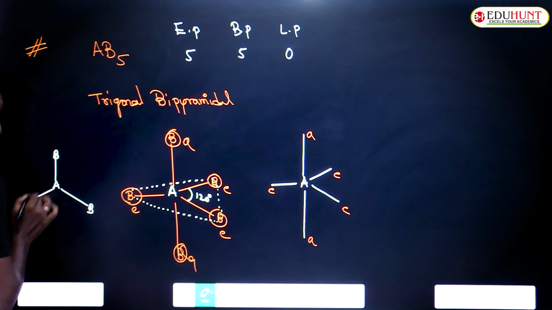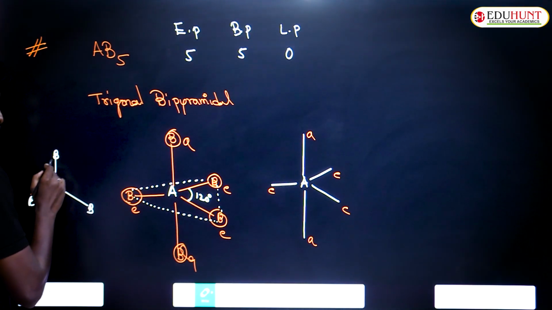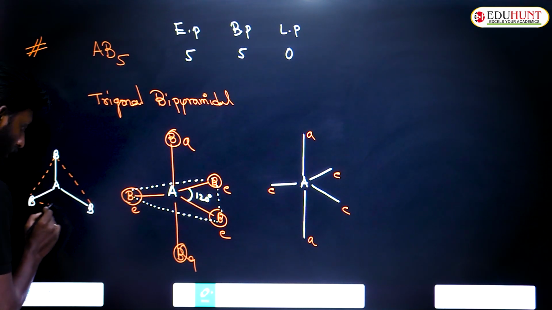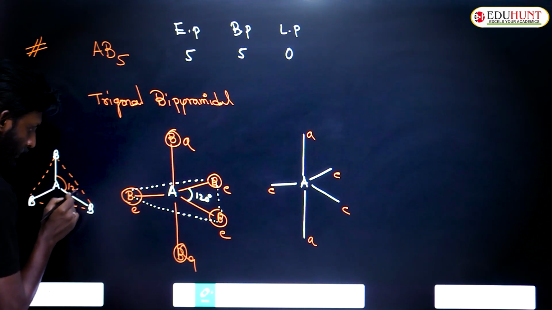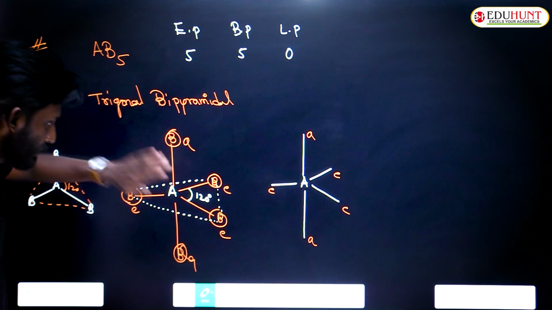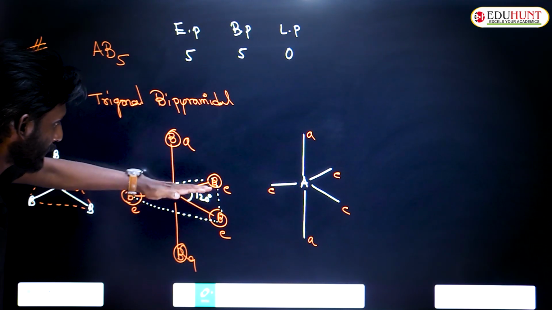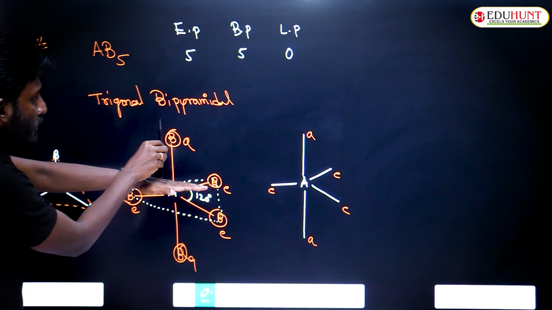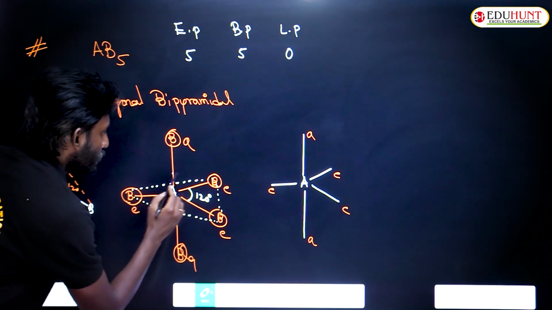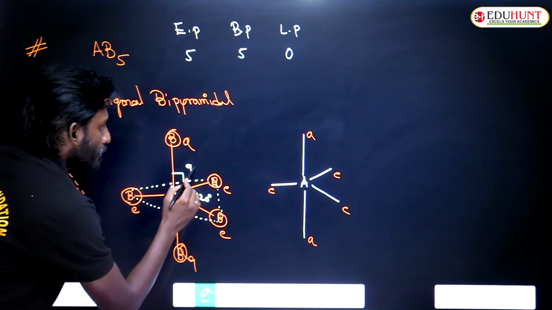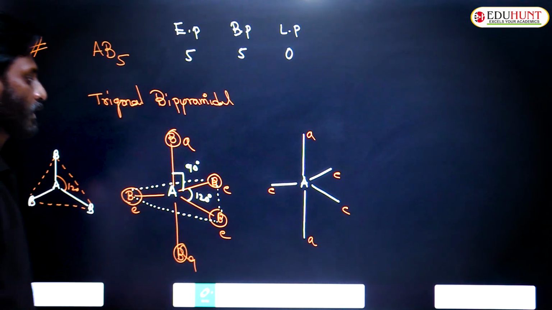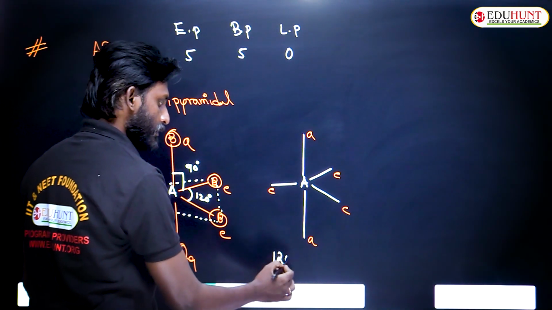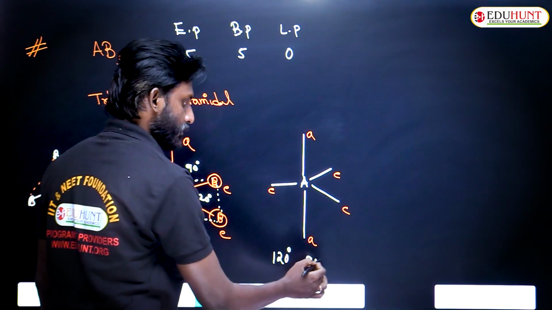This is the trigonal part, and the bond angle is 120 degrees. And this is not flat, it is like this. Towards the upside there is a bond. Now, what is the bond angle between these two? This is going to be 90 degrees. So two types of bond angles: 120 degrees and 90 degrees.